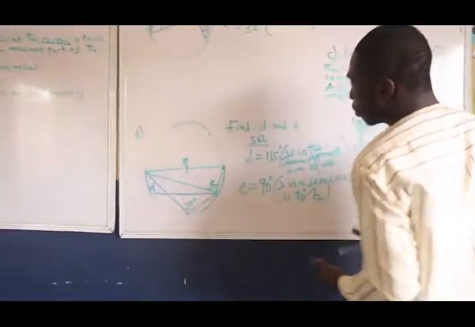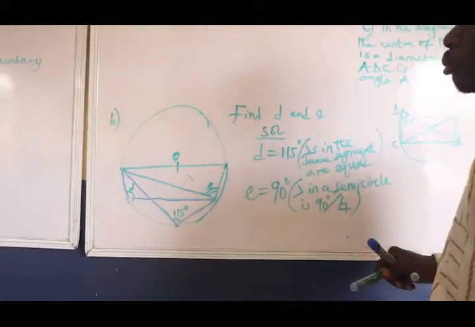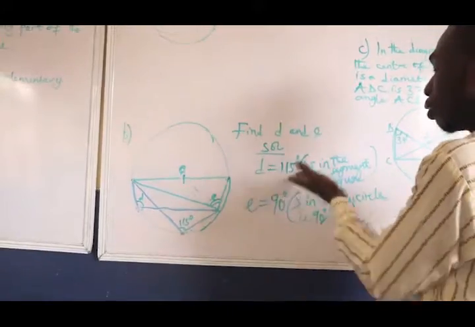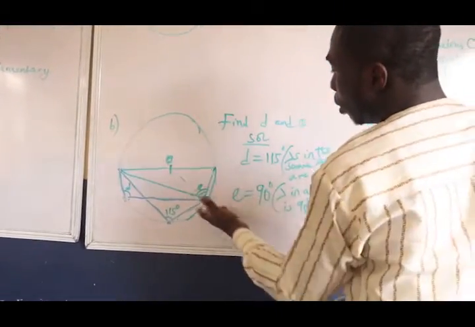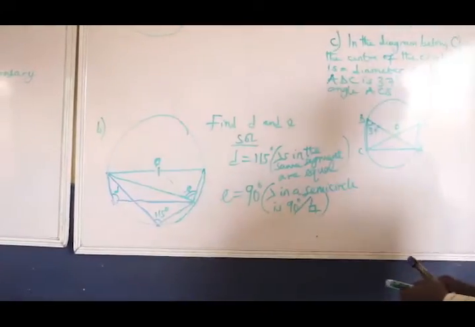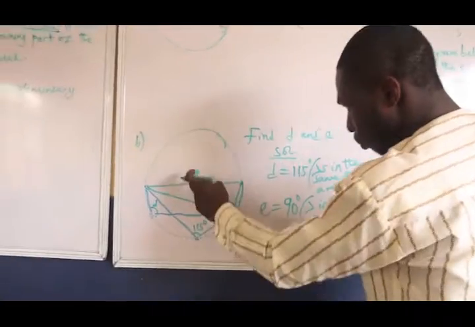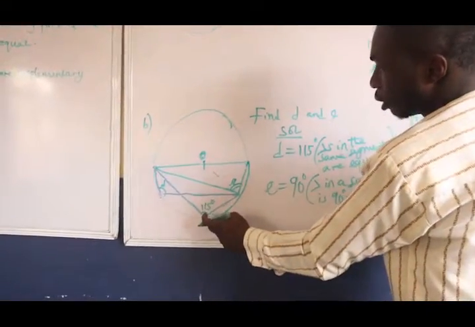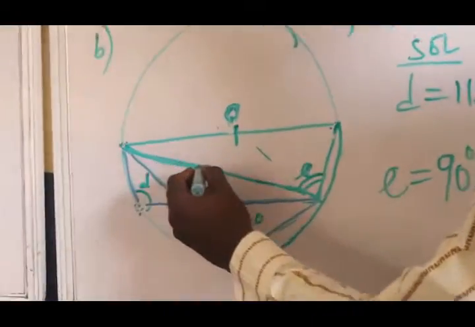So this theorem actually combines theorem 2 and theorem 3 together. So you have angles in the same segment are equal, this and this. Then you have angle in a semicircle is 90 degrees. Please don't take this for 90 degrees because it must be a triangular shape.